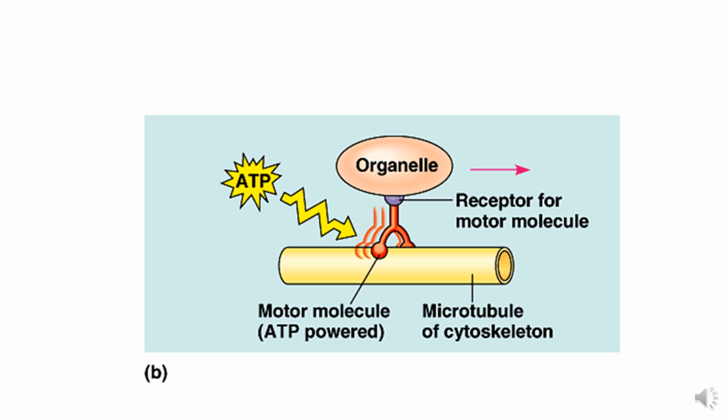You can see here the organelle being transported on the microtubule of the cytoskeleton, and this transport movement is under the control of proteins called motor proteins, which use ATP in moving larger structures. So these are the motor proteins which are moving the organelles in the cell, and they are using ATP.